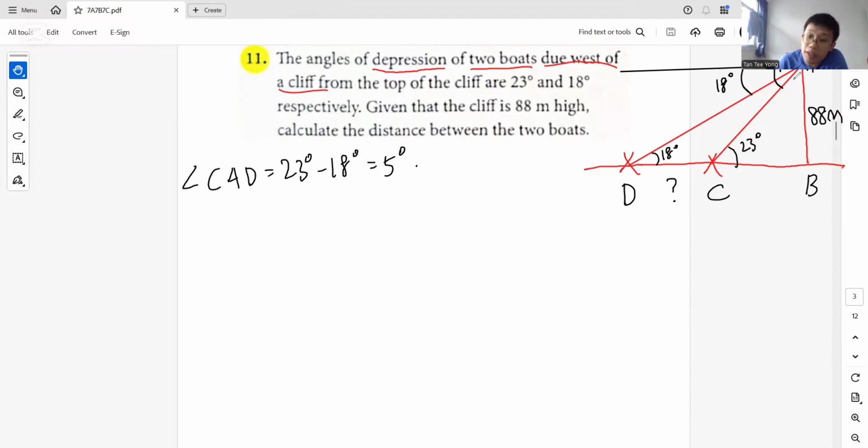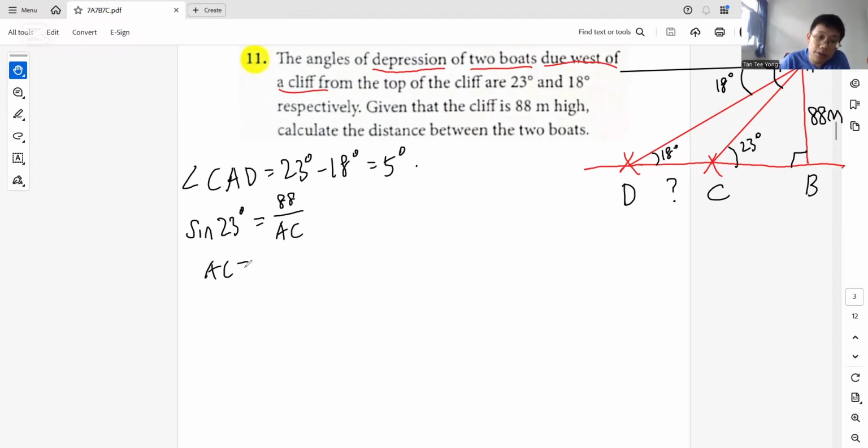And we also need to find the line AC, using SOH CAH TOA, because triangle ABC is a right angle triangle. So we want to find AC. Looking at this, it will be opposite and hypotenuse, so sine. So sine 23 degrees equals opposite over hypotenuse.